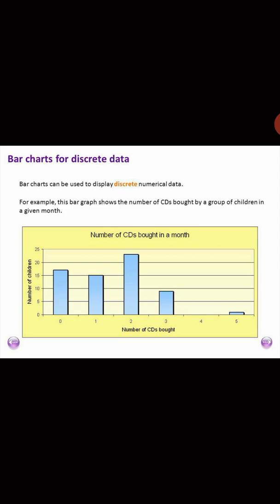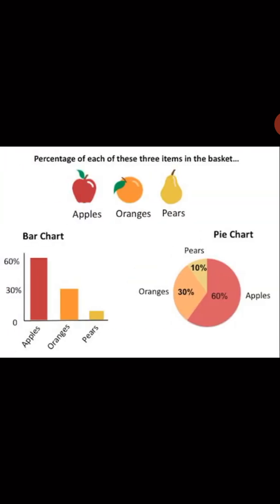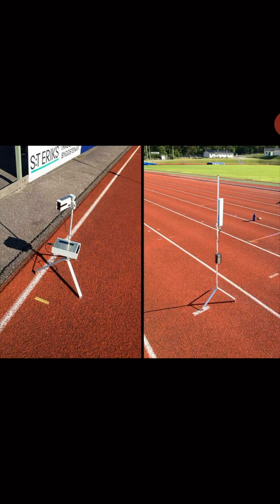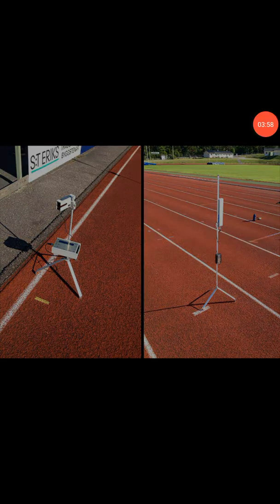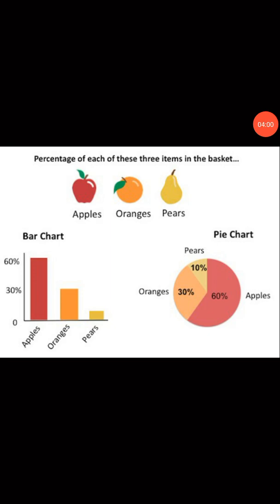So for such discrete data, bar chart is the most suitable graph. You may also have a pie chart if the data is discrete. You may have a line graph for a continuous data.